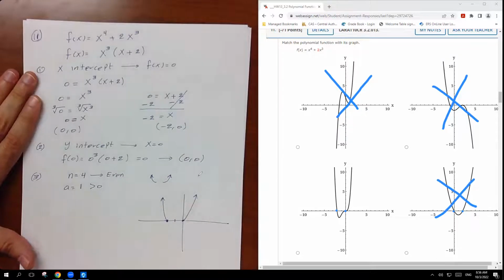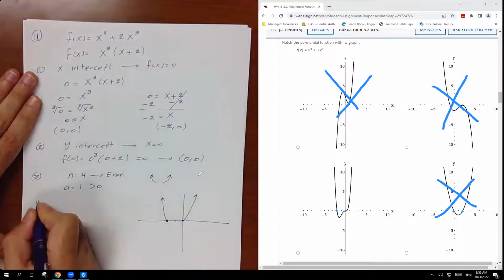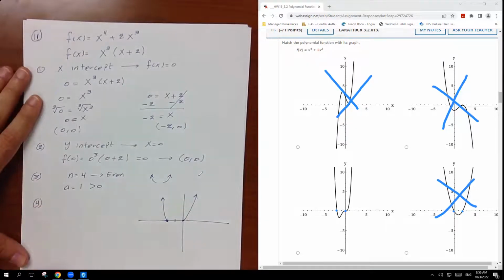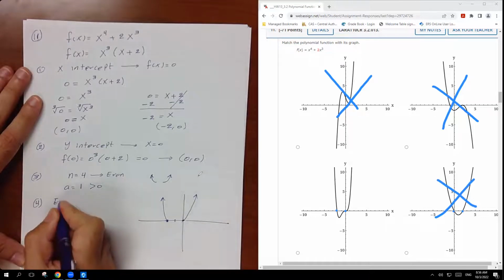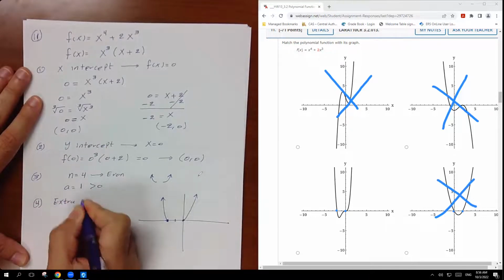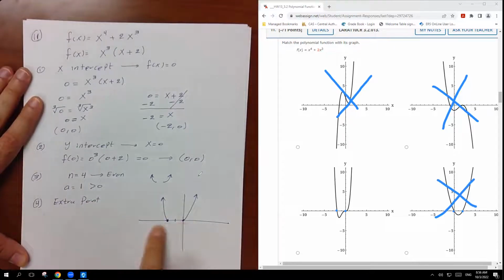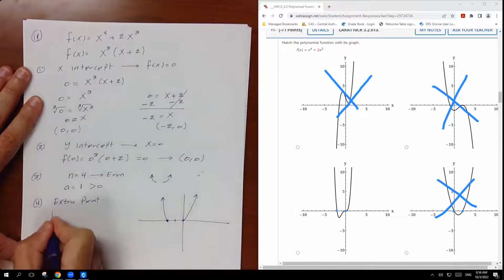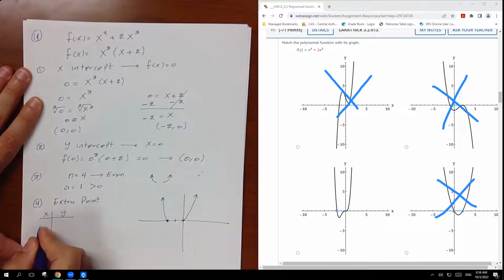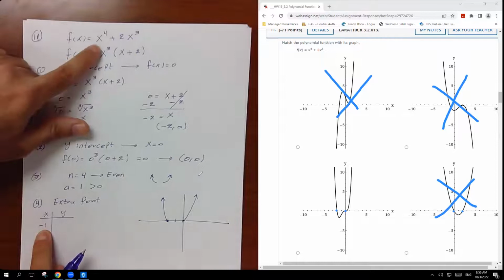How are we going to check? By doing an extra point. I'm going to choose a point between these 2. This is the easiest one, x = -1. Plug in -1 here.